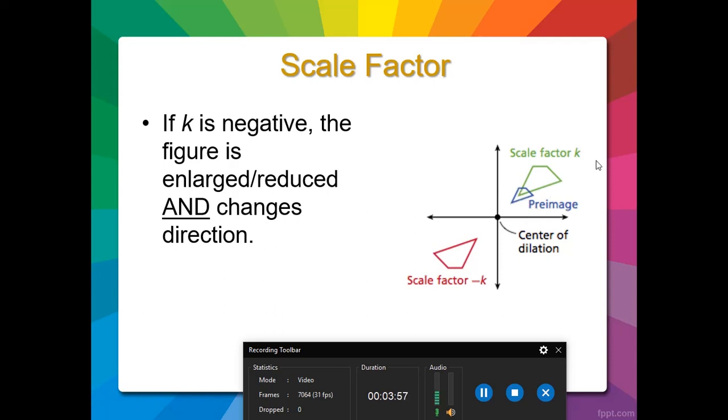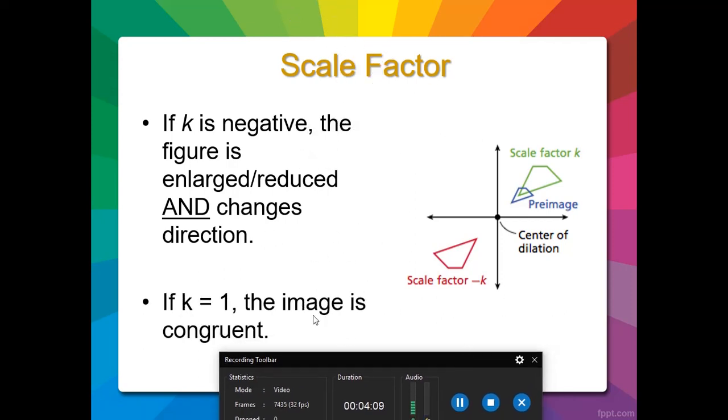But if you enlarge it by a scale factor of -3, it's still 3 times as big, but now it's here in pink and it's been flipped over. It's also possible that the scale factor could be 1. If the scale factor is 1, the pre-image and the image will be congruent.